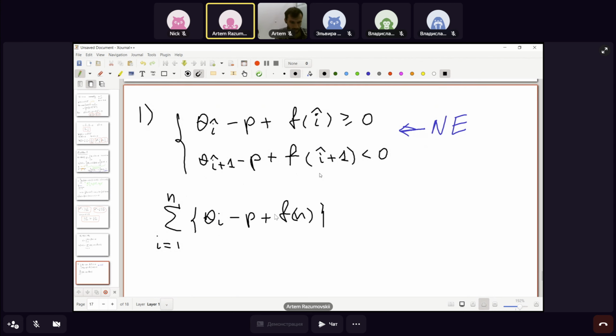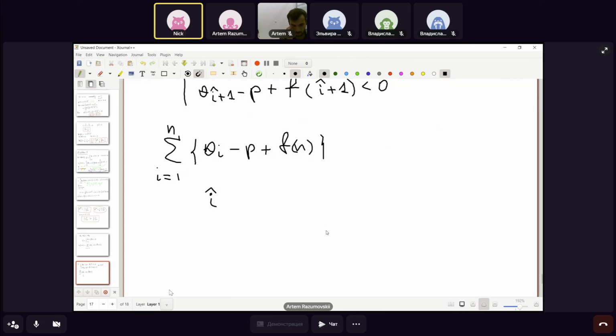So what does it mean that some number n of agents join the market? Let me still use I hat. What does it mean that I hat is the last one who joined the market in terms of maximum social welfare? The next one will decrease social welfare, right?